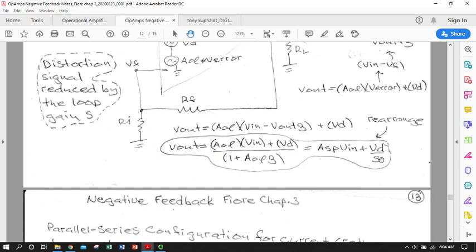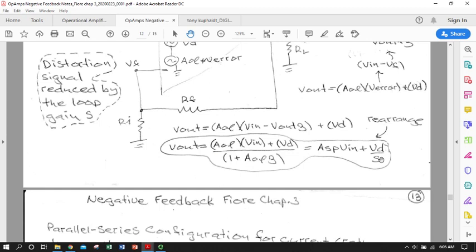We can take that sacrifice factor and relate our open loop properties to our closed loop properties with that series parallel combination. So open loop gain goes down to make closed loop gain. We divide by the sacrifice factor.